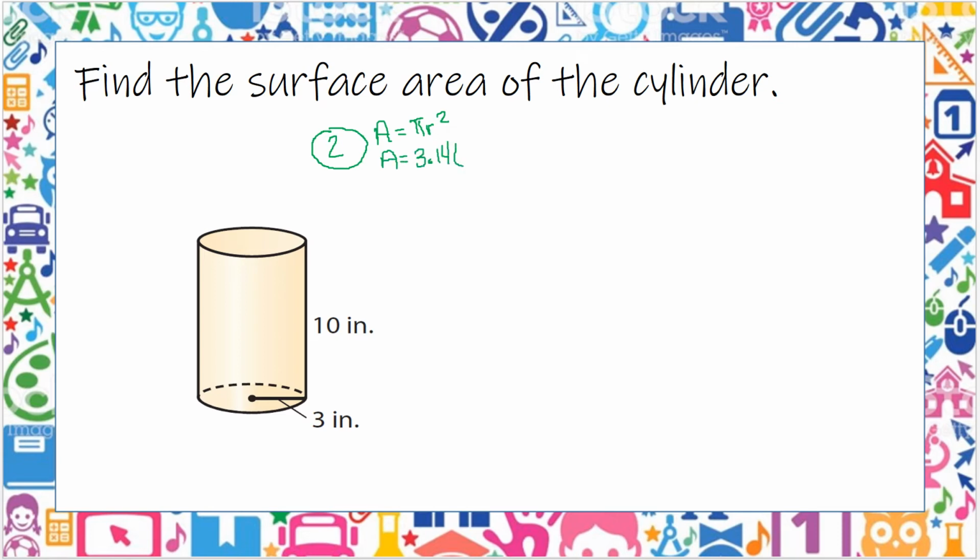And then times the radius, which is 3. So I'm going to say 3.14 times 3 times 3. And that tells me the area of one circle is 28.26 inches squared. And I have 2 of them. I'm going to go ahead and do that.